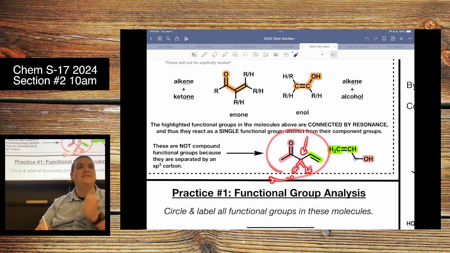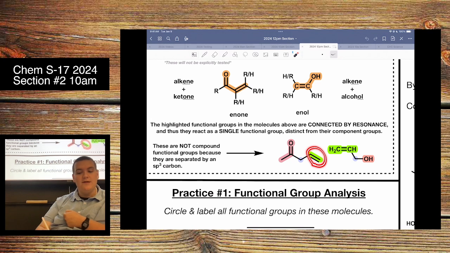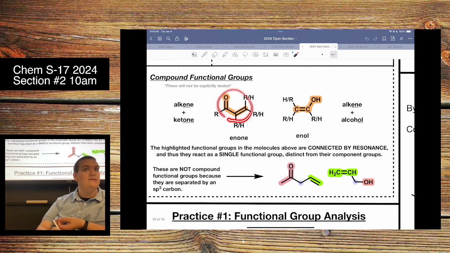No, because they have to have a p orbital. So that means these can't do resonance with this because they have something in the middle that can't delocalize. And so these would be a separate alkene and a separate ketone, whereas these, when they're all together and can do resonance, are an enone, all one group.